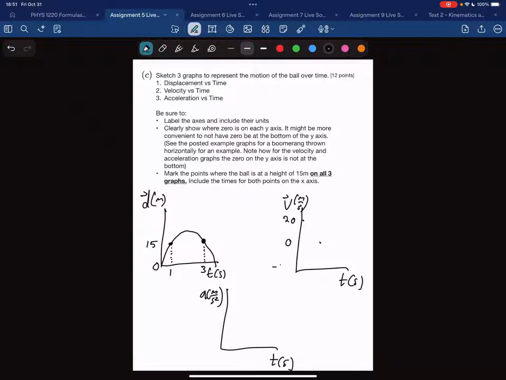And then when it comes back down to where it was originally thrown from, it will have an equal magnitude of velocity, but opposite direction. So it will look like this. And my horizontal axis at 0 is in the center there. Labeling my graph again. Here I have 1 second and 3 seconds.